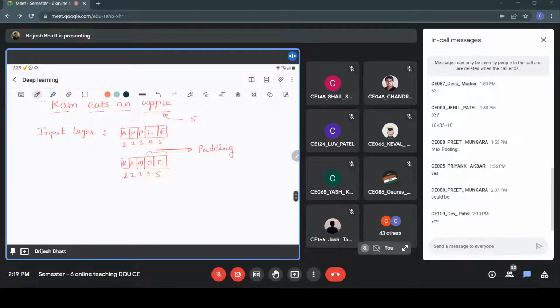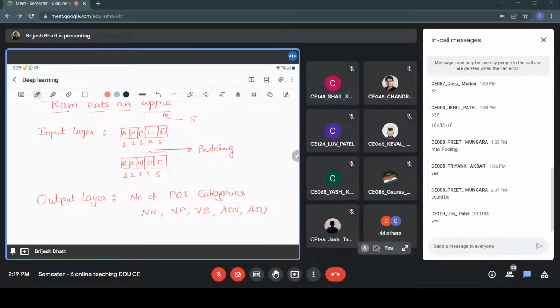Right, so the input size is solved. And what about the output layer? How many output neurons do you need? It depends on the number of POS categories. How many POS categories do you want to deal with? For example, noun, proper noun, verb, adverb, adjective.